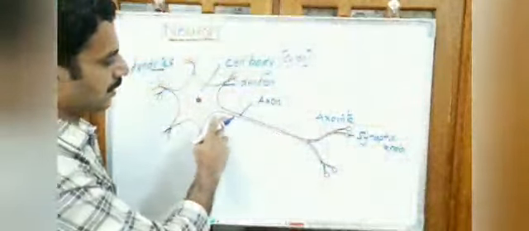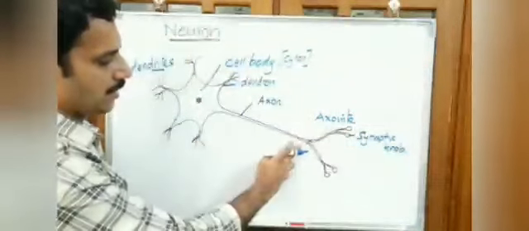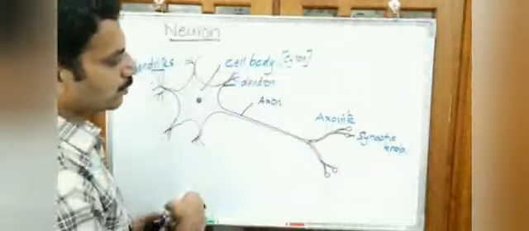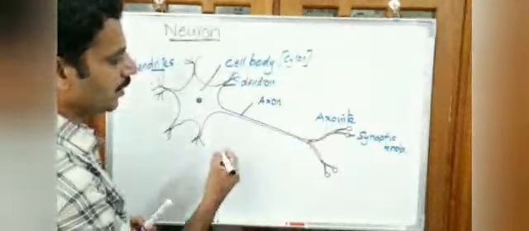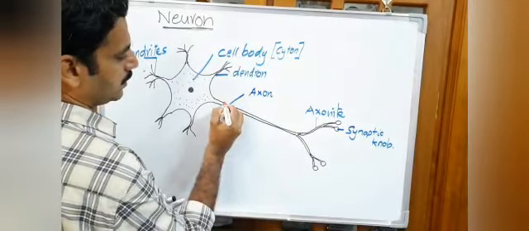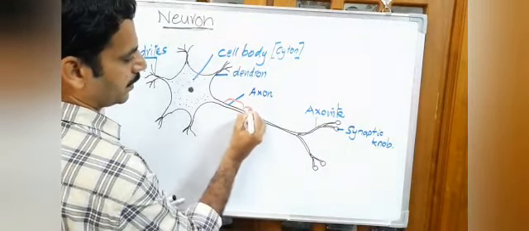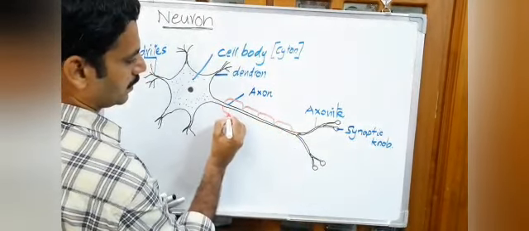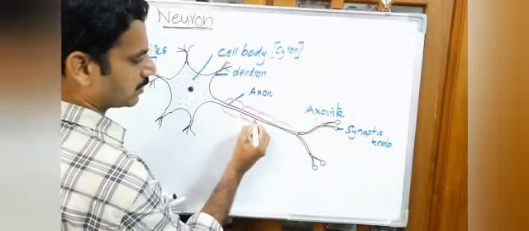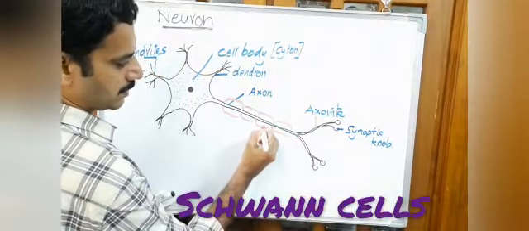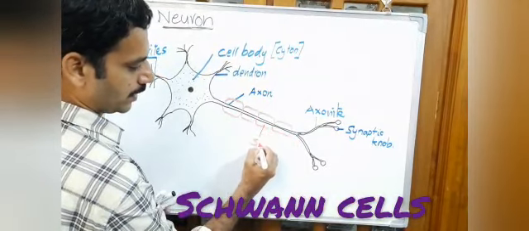And see here, this is the axon of the neuron. Most axons of the neuron are myelinated. This is the myelinated covering of the axon. This covering is made up of Schwann cells.